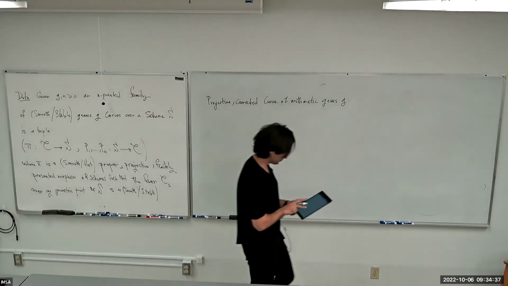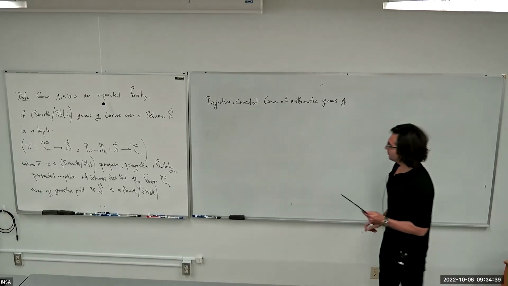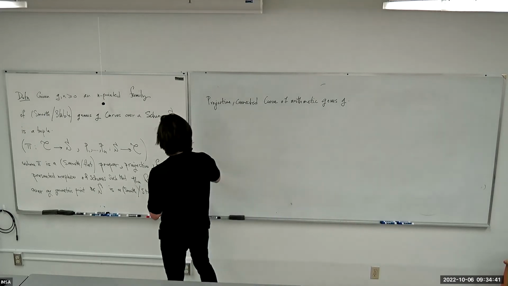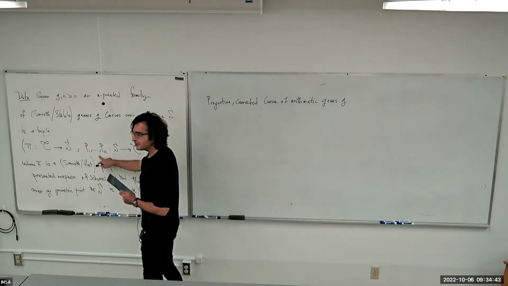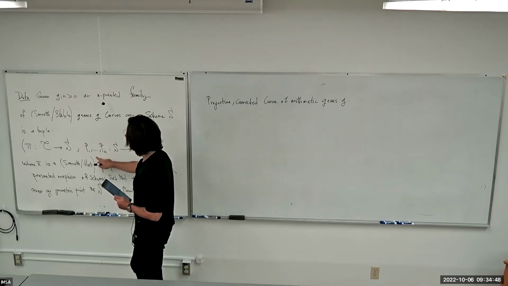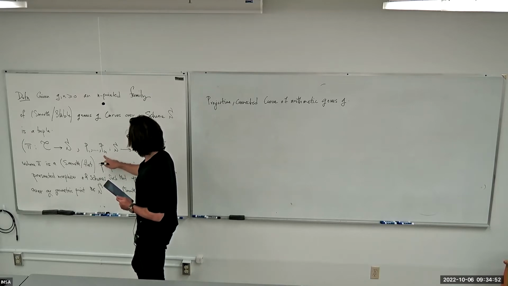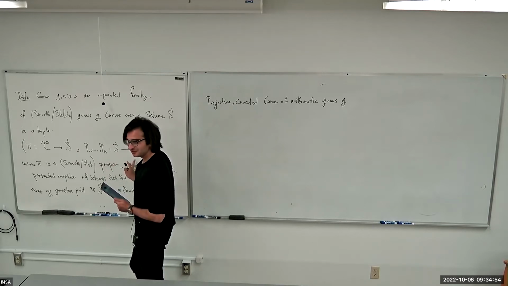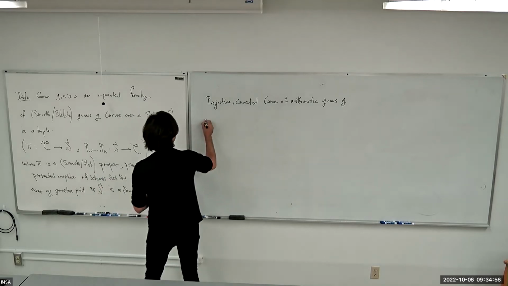Okay. Now, mark points are points. But because I'm discussing the family, I want the mark points to be morphisms from the underlying scheme S to the whole family.